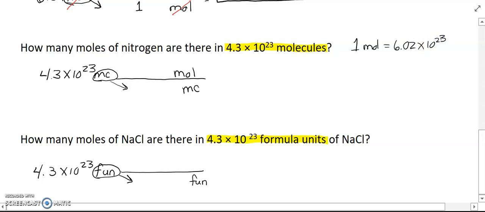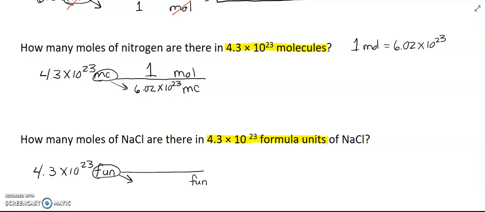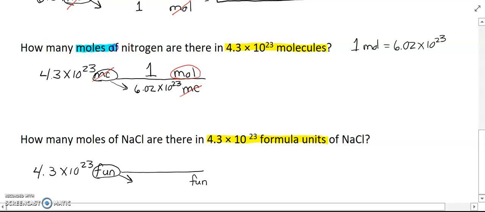Except, in this case, the mole is on top, so the 1 goes on top, and the 6.02 times 10 to the 23rd goes on the bottom. Now, units still cancel, molecules will still cancel molecules, but this time the unit that's left is moles. And since my problem says how many moles of nitrogen, well, that's what I'm looking for. Now, same math problem.